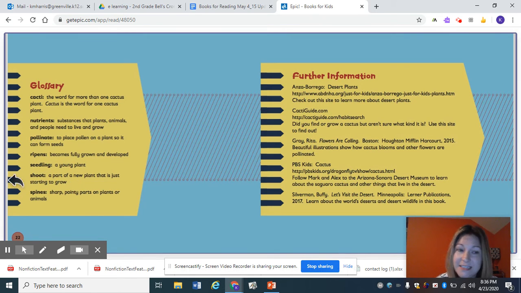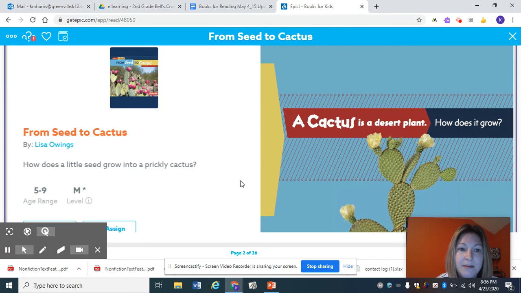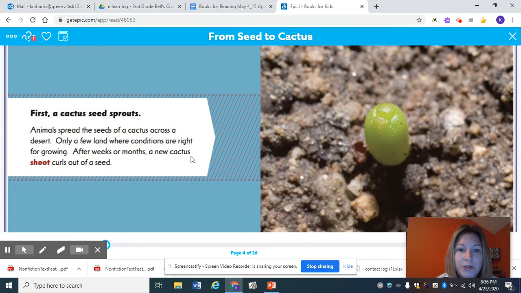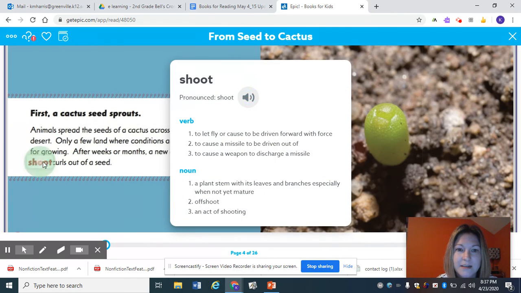And that would make sense because when we go back to that first page, it's talking about how new cacti start to come out of the ground. The shoot comes out of the ground.